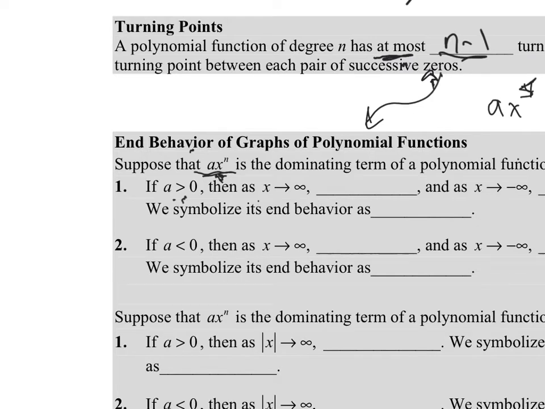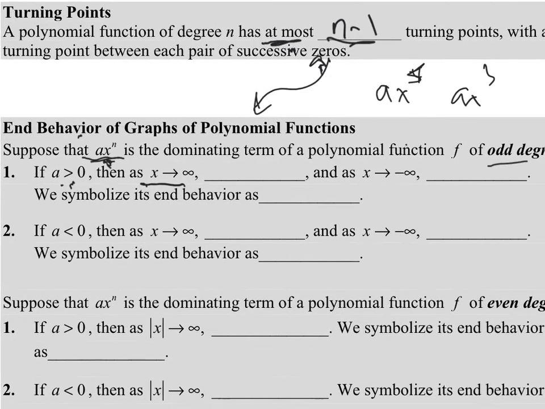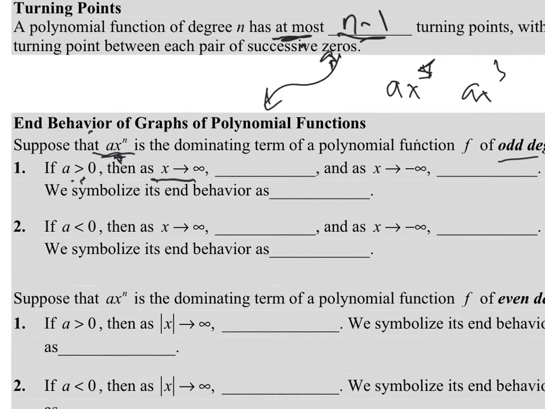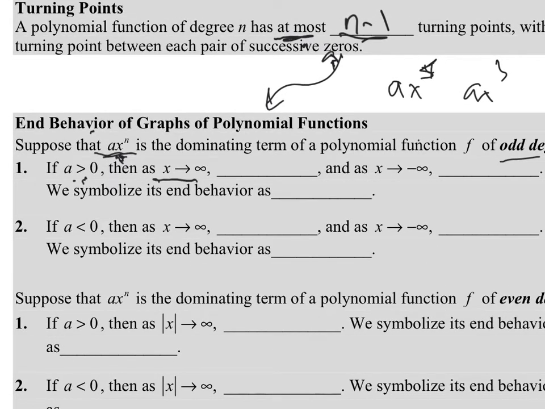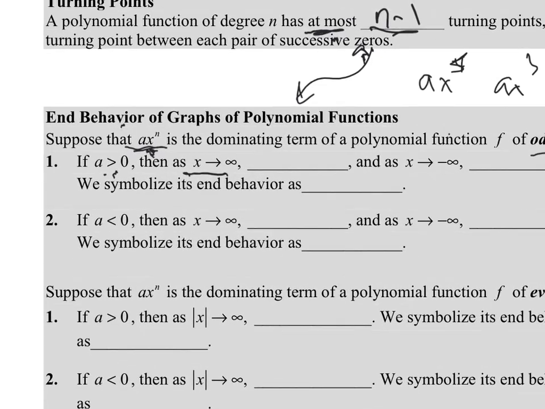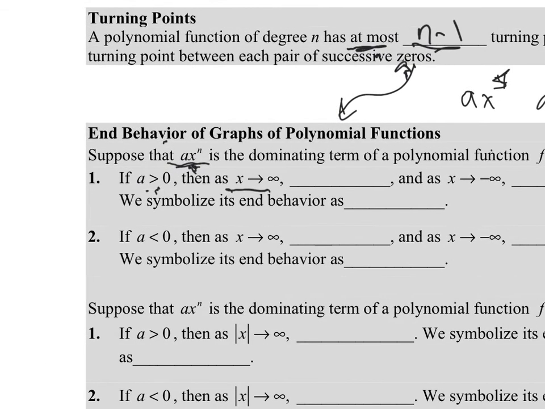So as x goes to infinity, my y values go up, and as x goes to negative infinity, we symbolize this behavior. I'm not really sure how he's wording it or writing it. Maybe he's asking us to talk about it like a limit problem.